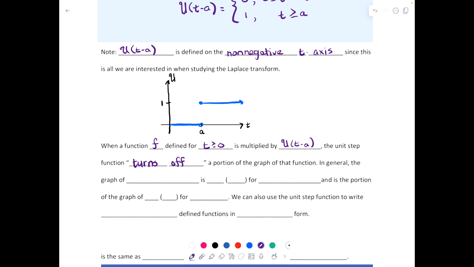So in general, the graph of f at t times u at t minus a is 0 or off for 0 less than or equal to t less than a, and is the portion of the graph of f, which means on, for t greater than or equal to a. We can also use the unit step function to write piecewise defined functions in a nicer, more compact form.